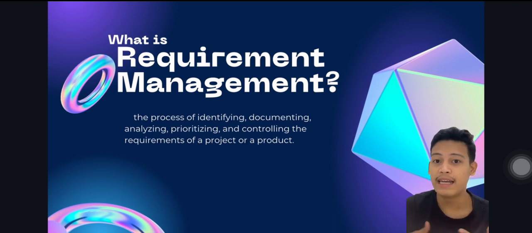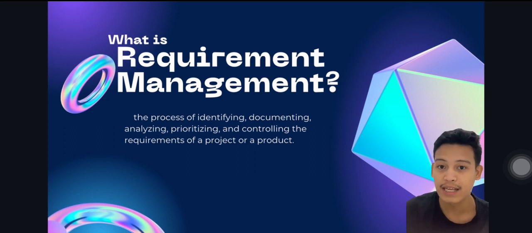Requirements are the needs and expectations of the stakeholders such as customers, users, managers, developers, testers, and regulators. Requirement management helps to ensure that the project or the product meets the stakeholder needs and delivers value.